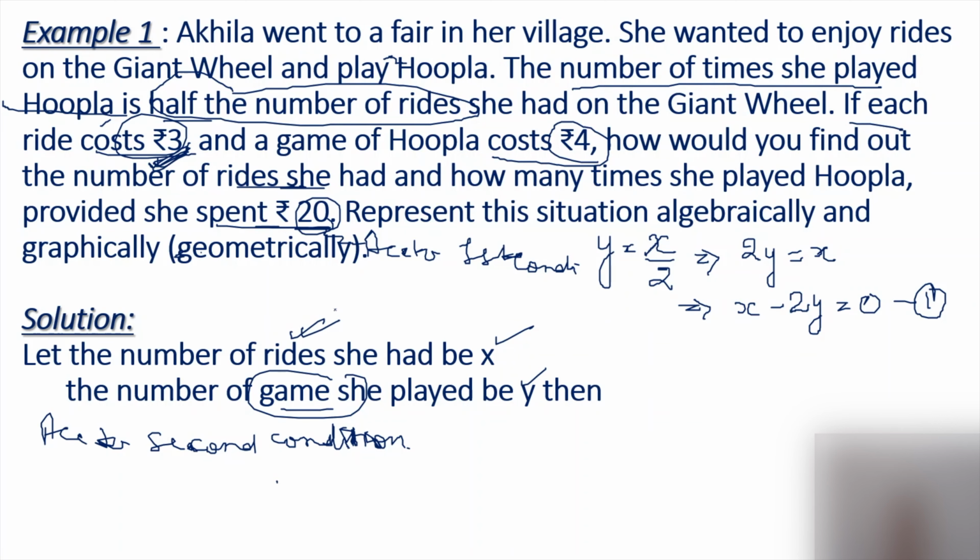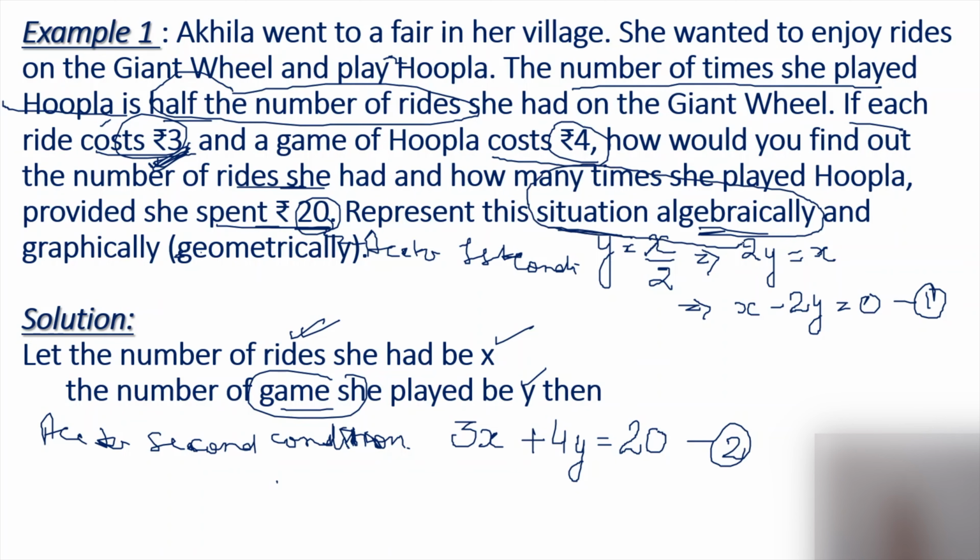So how much money did she pay for rides? She paid 3 times x. And how much money did she pay for hoopla? 4 times the number of times she played hoopla, that is 4 times y. Total money means adding them, and we get ₹20, so 3x plus 4y is equal to 20. Now equation number 2 and equation number 1, both together are the way to represent the situation algebraically.